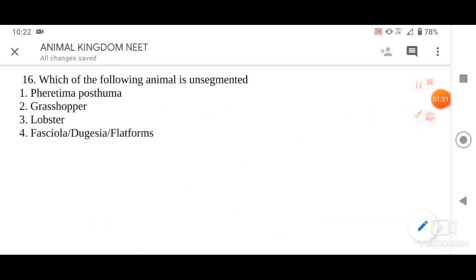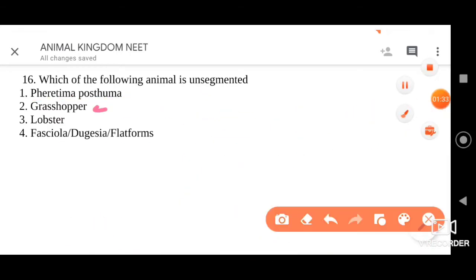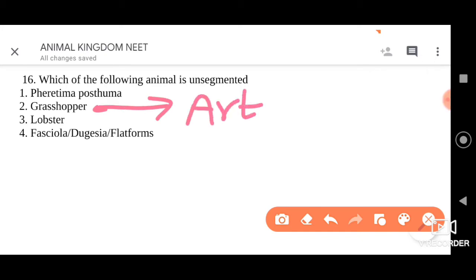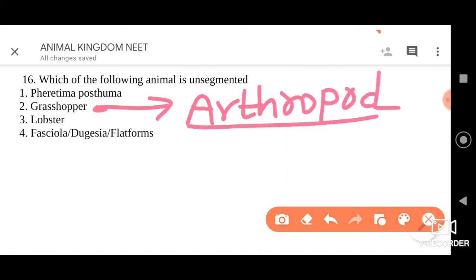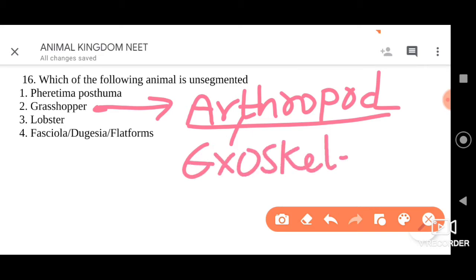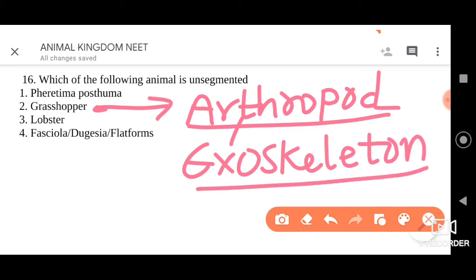Next, let us move on to the second option. We have grasshopper. See, grasshopper is an arthropod. When I say arthropod, please understand they have a hard exoskeleton. We know that.